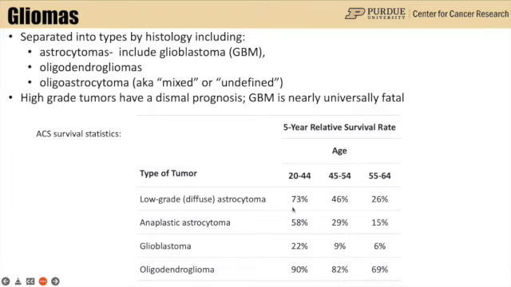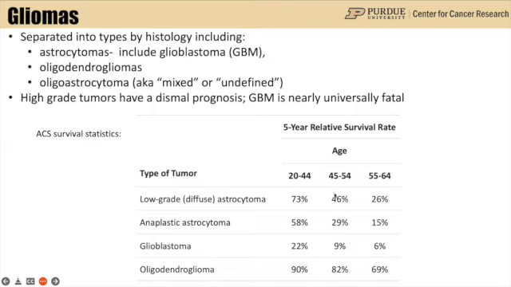They do vary somewhat by age, so not too surprisingly, you often have a better prognosis in younger patients. However, for glioblastoma, even in the 20 to 44 age range, only 22% of patients survive 5 years after being diagnosed or enrolled in the study.